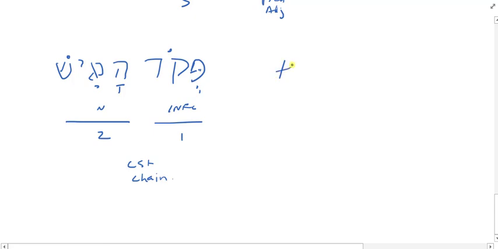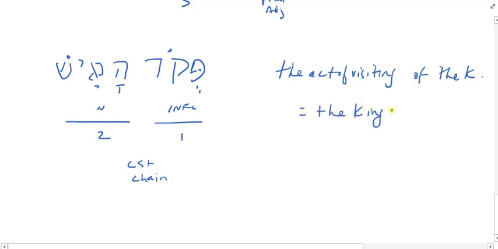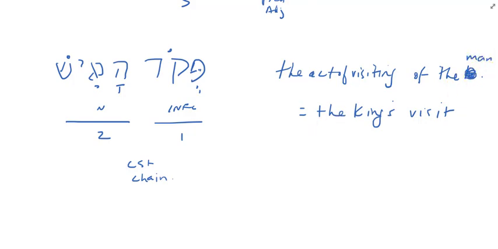So it is the act of visiting of the king, which would be the king's act of visiting. You see that? I'm sorry. Yes. I've got king on the brain. Sorry about that. My bad. Yes. Thank you.